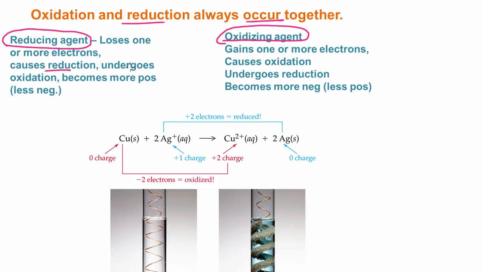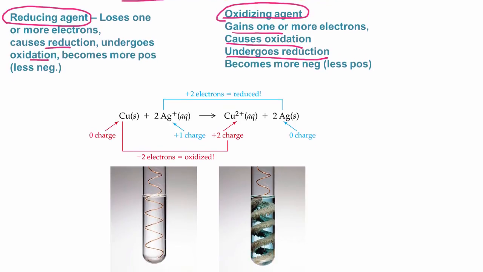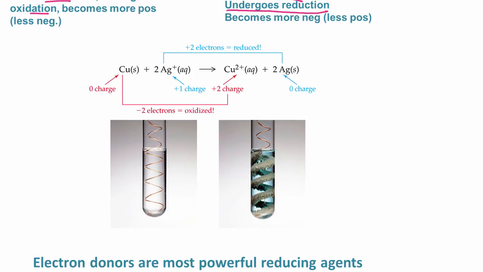It's what causes reduction, and it itself undergoes oxidation. In other words, it becomes more positive, whereas an oxidizing agent gains one or more electrons. It causes oxidation. It is the substance that undergoes reduction, and you can think of it as becoming more negative or less positive.